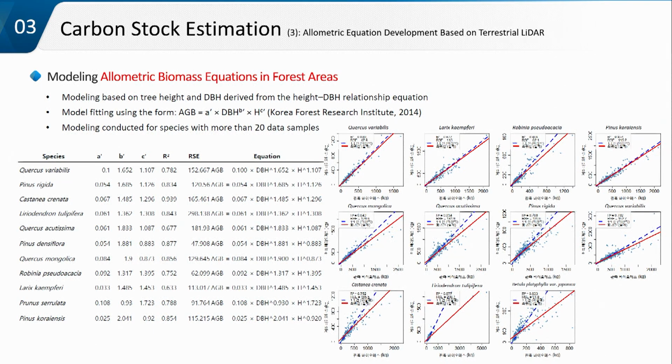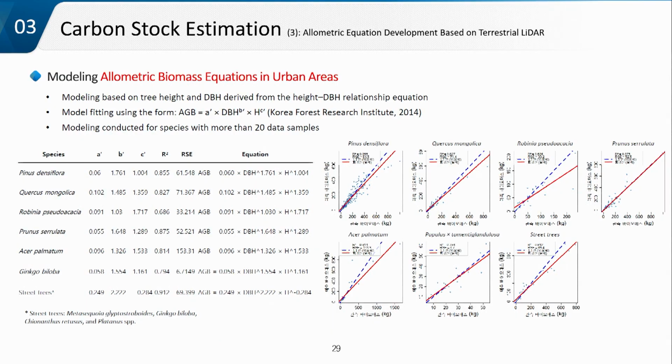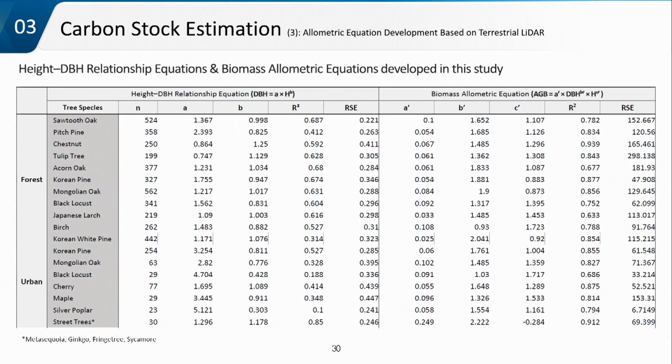And I did not explain in detail, but we developed the biomass equations in forest areas using the TLS and non-forest urban areas separately. R-squared and error range varied, but I think they were acceptable overall.